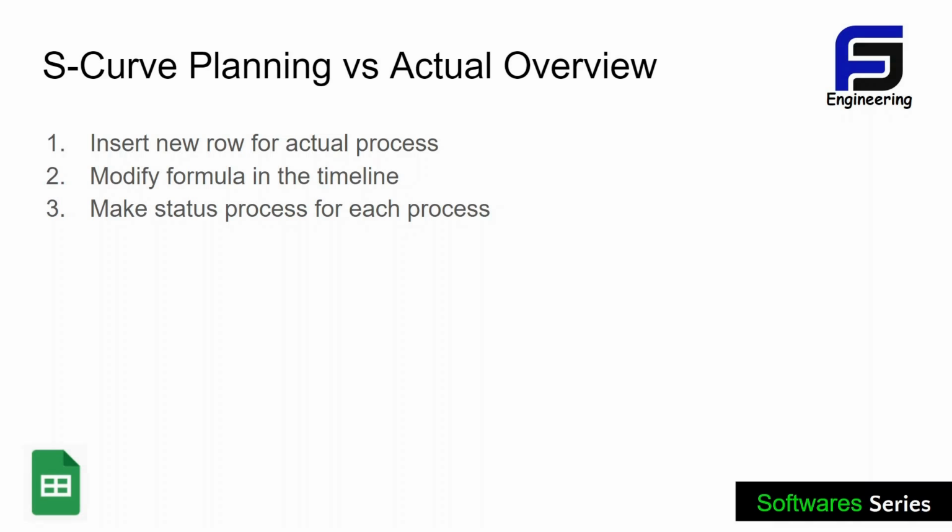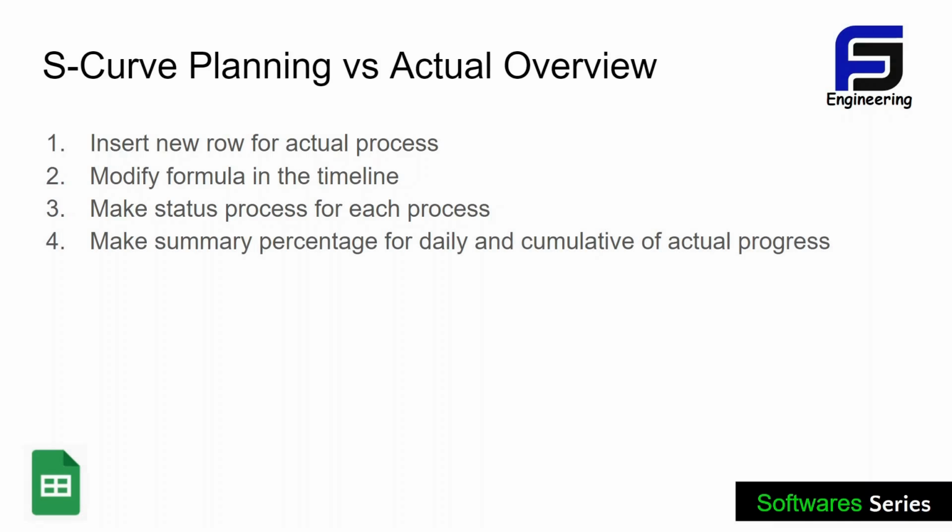Then we have to determine the status process for each process. I will explain in more detail in the spreadsheet. In the next step, we will create summary percentage for daily and cumulative, but for actual progress. Lastly, we have to modify the graph for S-curve planning versus actual.